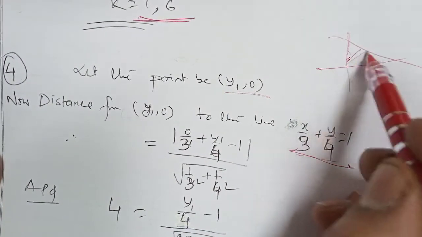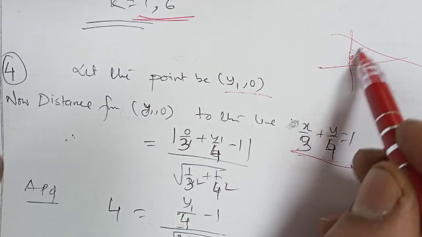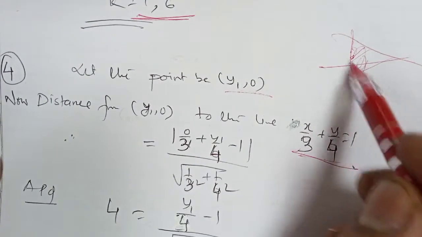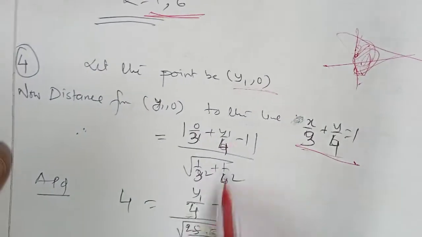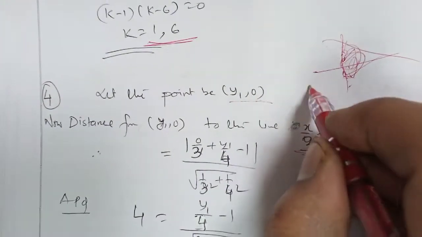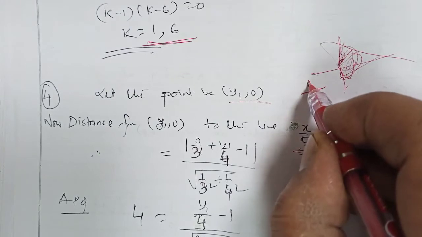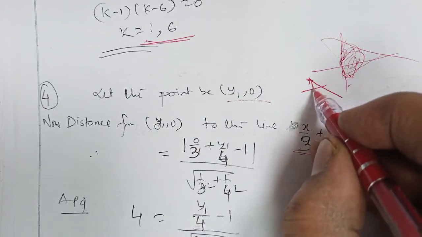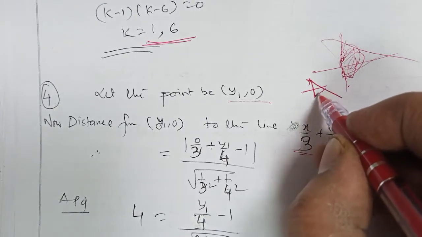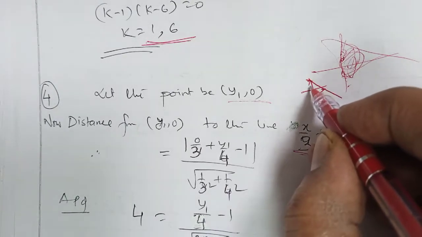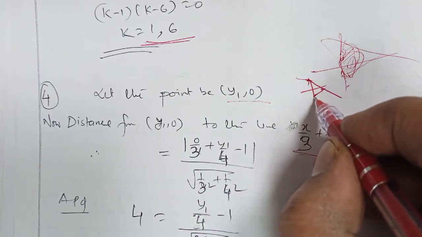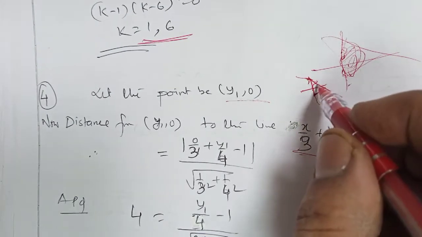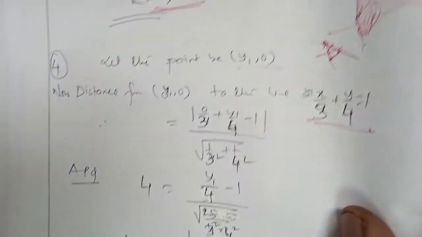This distance can be 4, and on the other side also it can be 4. So we'll take 2 points will come. This is the equation of the line. Now the distance from the line is 4, from this side also it can be 4, and from the other side also it can be 4. Okay, so 2 answers will come.